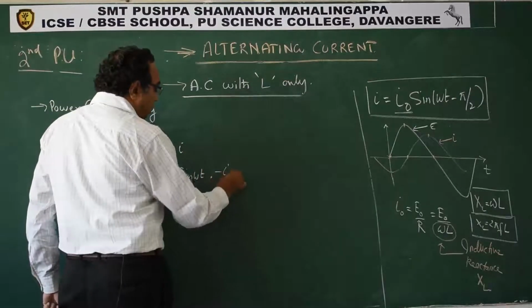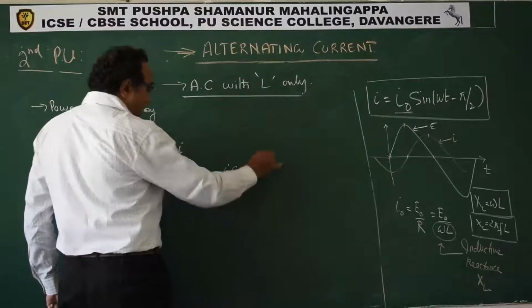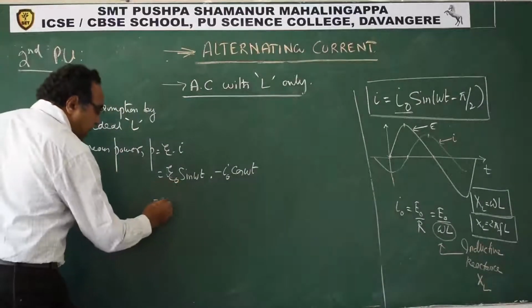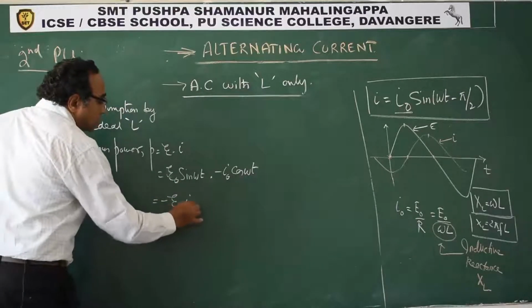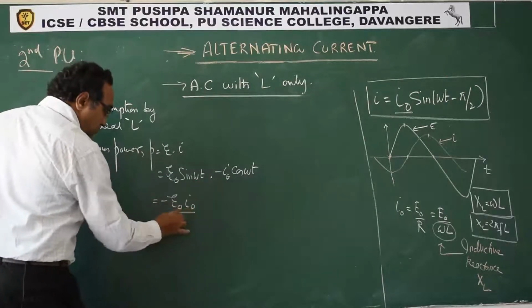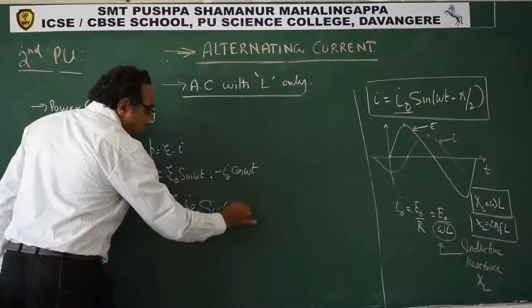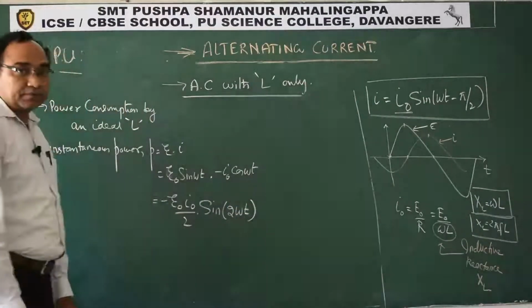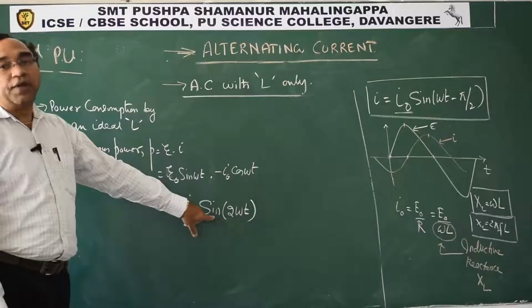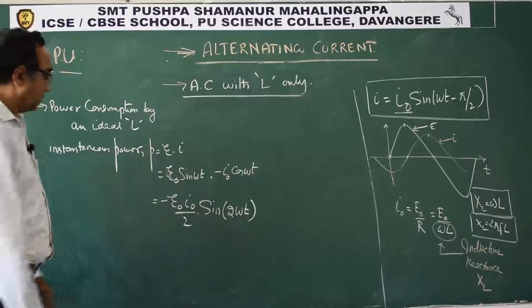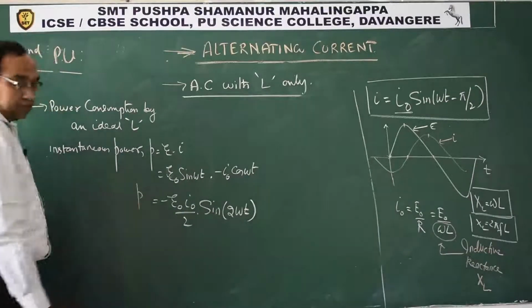Minus I naught cos of omega t. This is what we have seen. We can write this in the form of E naught I naught by 2 sine of 2 omega t. This way also we can write, because sine 2a is 2 sine a cos a, that is known to us. That is what I am using. Now this is instantaneous power.